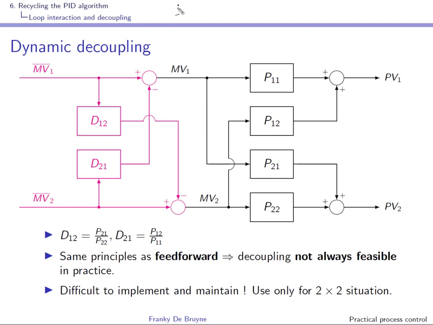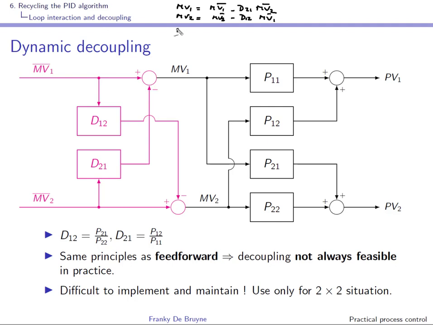We have that MV1 is equal to MV1 bar minus D21 MV2, and we have that MV2 is MV2 bar minus D12 MV1 bar.